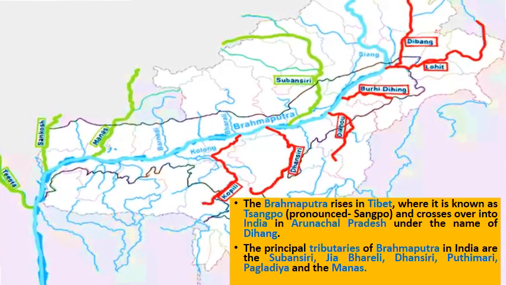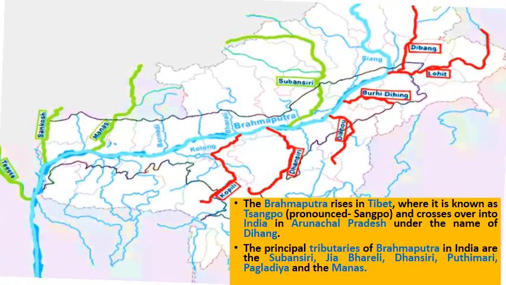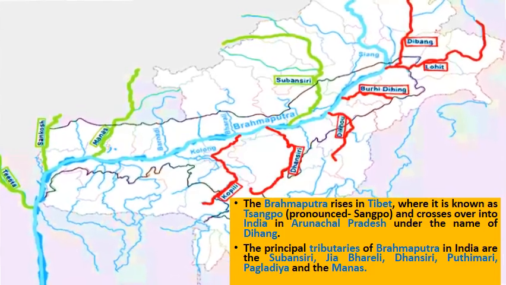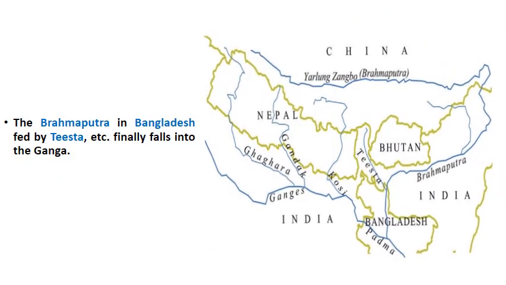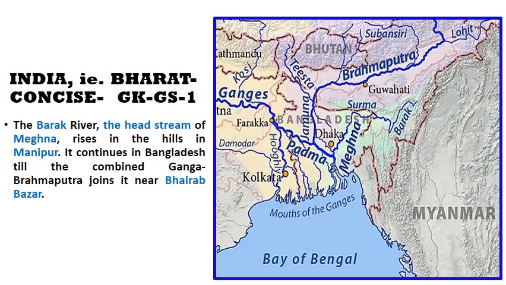The principal tributaries of the Brahmaputra in India are the Subansiri, Jia Bhareli, Dhansiri, Puthimari, Pagladia, and the Brahmaputra in Bangladesh, fed by Tista, etc., finally falls into the Ganga.